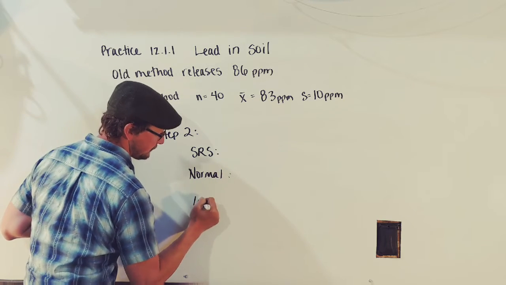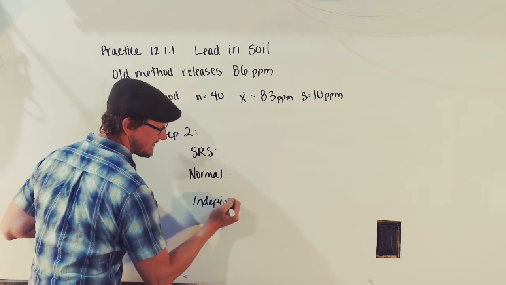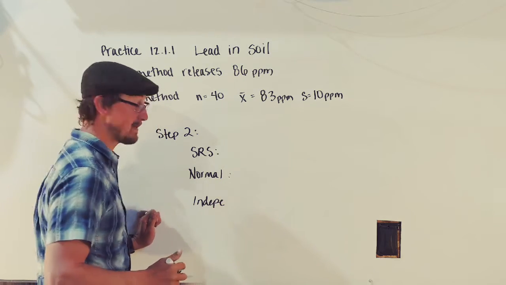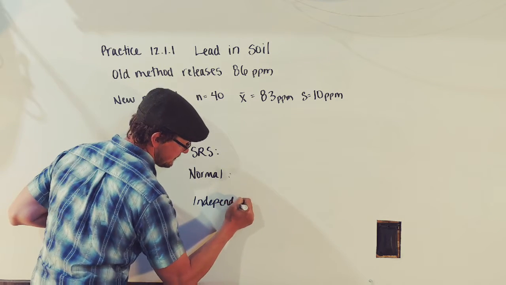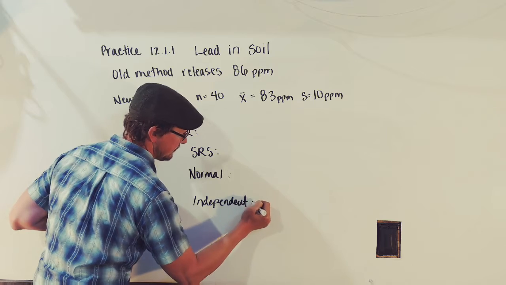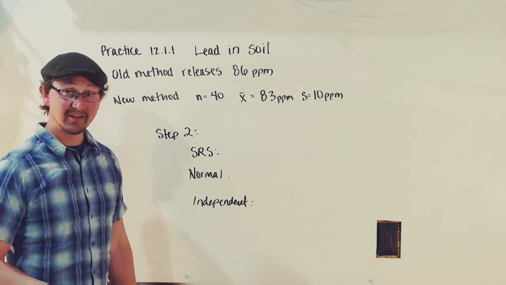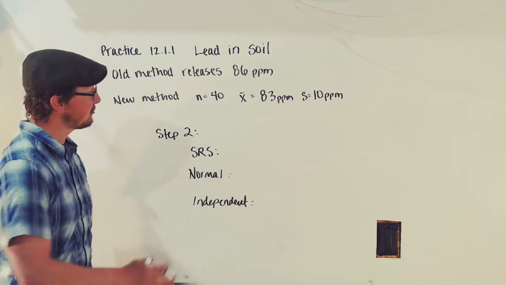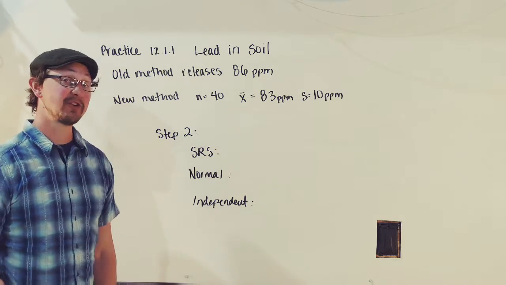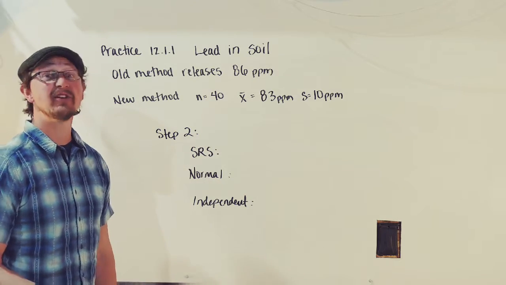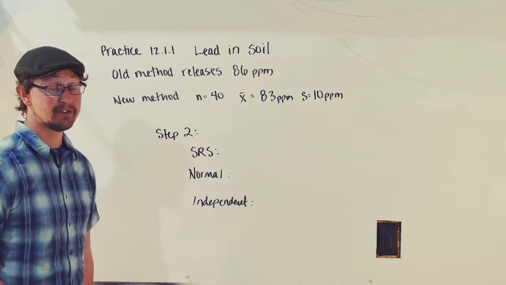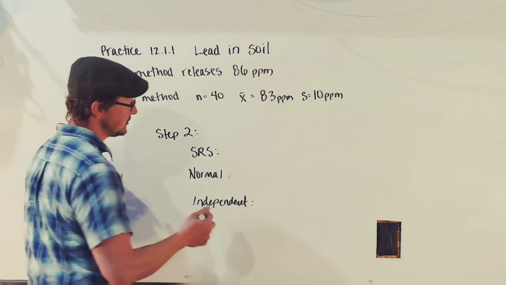And three, that our samples are independent. Unfortunately, this problem doesn't tell us that we're taking a simple random sample. This might have been 40 samples of dirt in a row, or specifically from the same soil type when they were doing a day's worth of excavation.